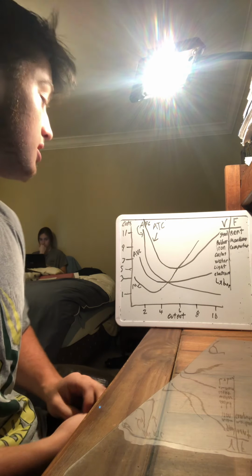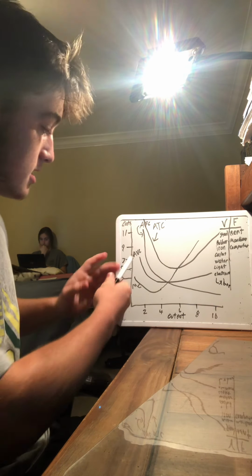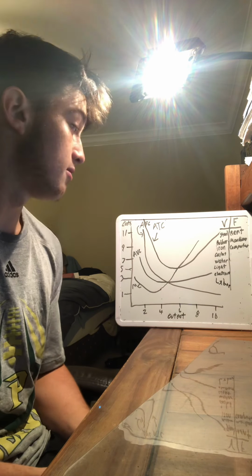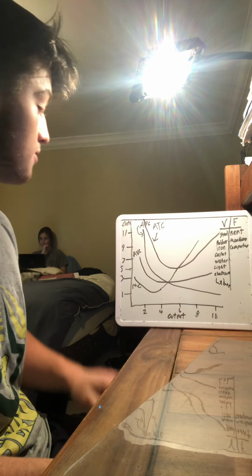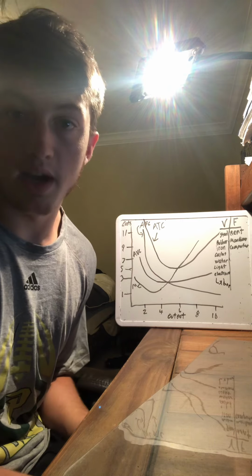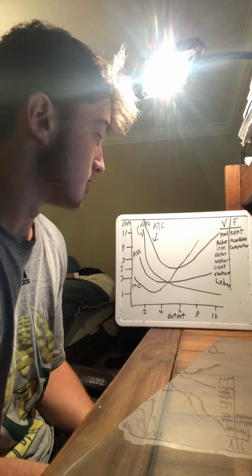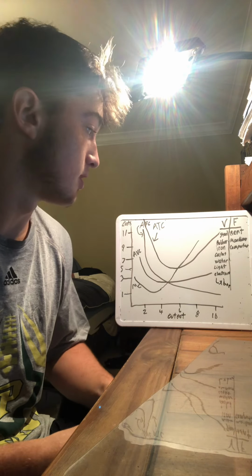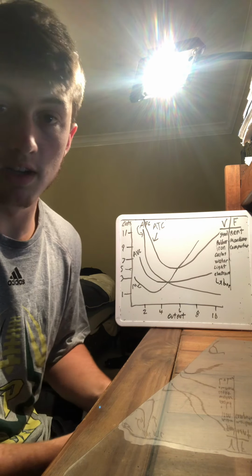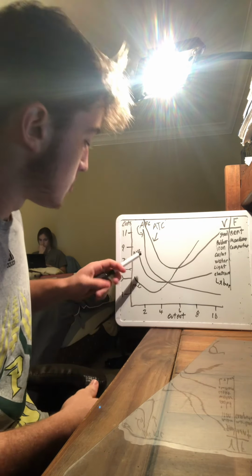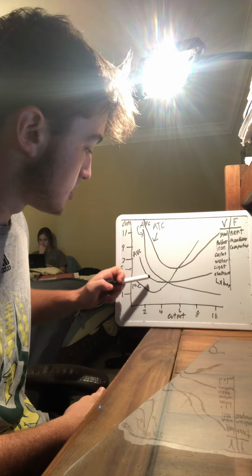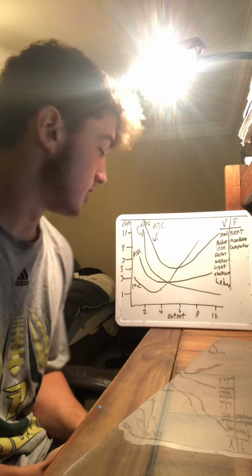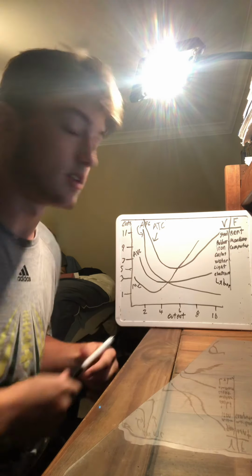The next thing to talk about is average variable cost, which comes in this sort of U shape. Average variable cost starts off relatively high because you have to buy all the steel, you need to get the electricity bill, you have to pay for the water, you have to pay for the rubber and iron that you think you're going to need. And then average variable cost actually goes down. This is because once you hire your laborers to work, they're making use of all this other stuff that you bought.